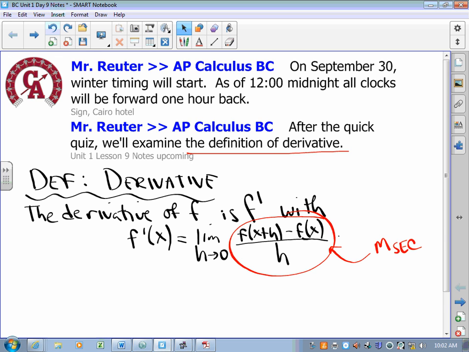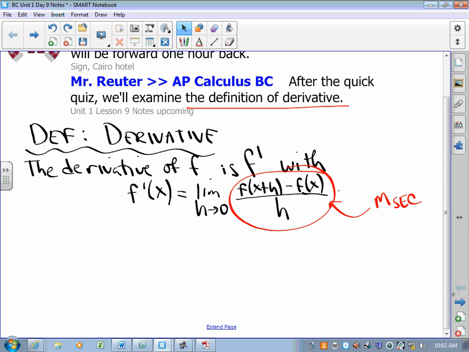If we're looking at a specific point and not in general, there are 2 ways to do that.